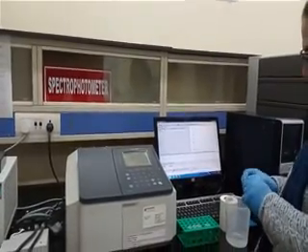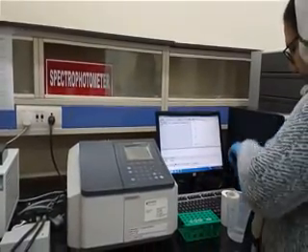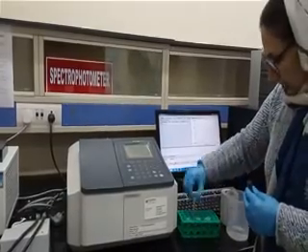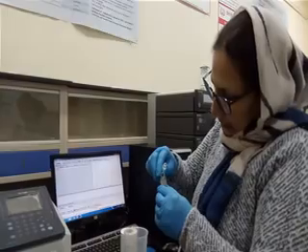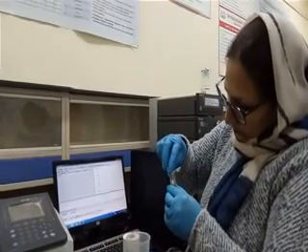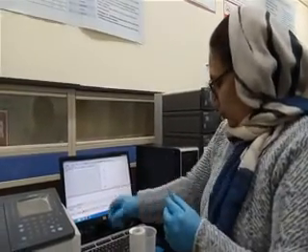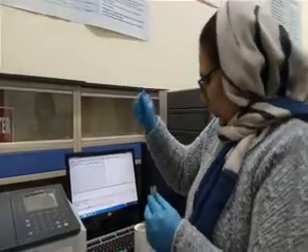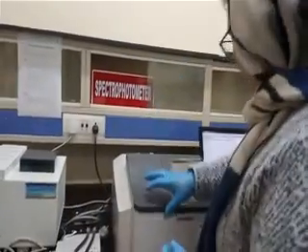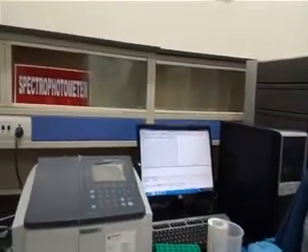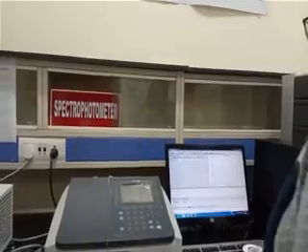Now I will add my sample. I have just marked this as sample 1. I'll put this inside the cuvette, and we will try to read it.